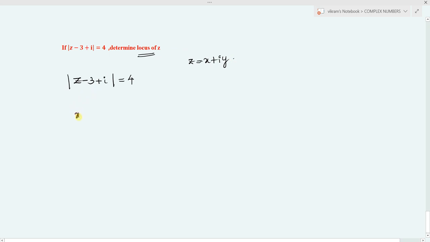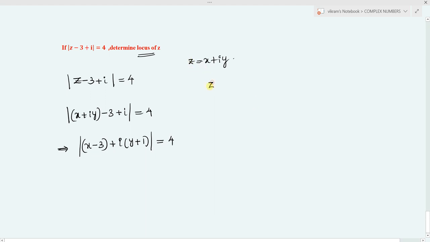If we substitute over here, what will we get? Modulus of x plus iy minus 3 plus i equals 4. Separate the real and imaginary parts. We get x minus 3, and if we take i as common, y plus 1, modulus equals 4.